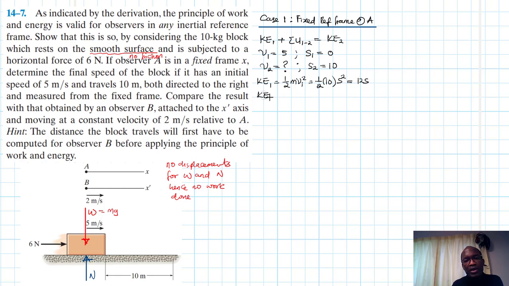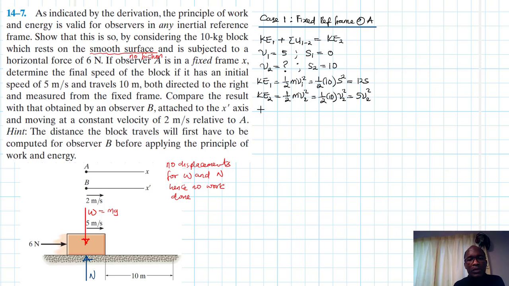Then we have KE2, which is equal to half m V2 squared, and this is equal to half by 10 by V2 squared, which we don't know, so this just becomes 5V2 squared.